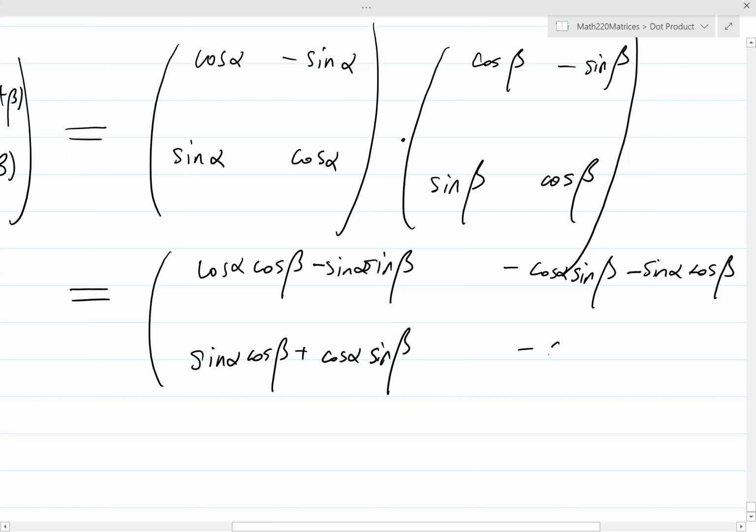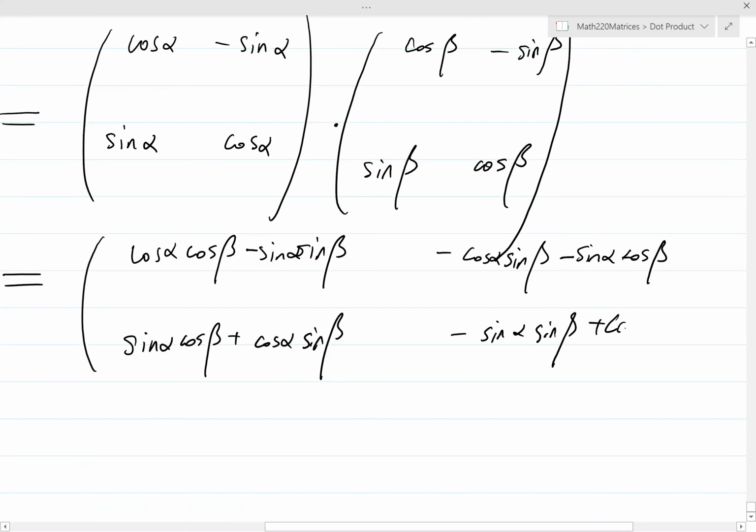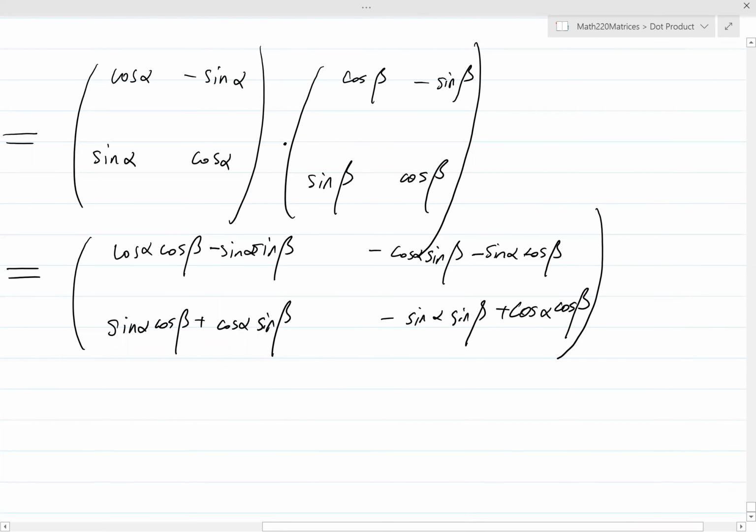And this side you get negative sine alpha sine beta plus cosine alpha cosine beta. You can check with the rules that we did last time.